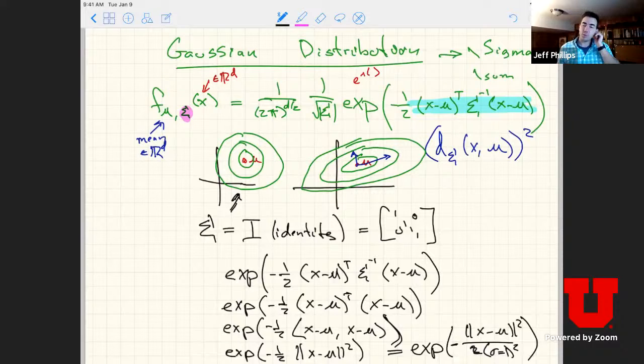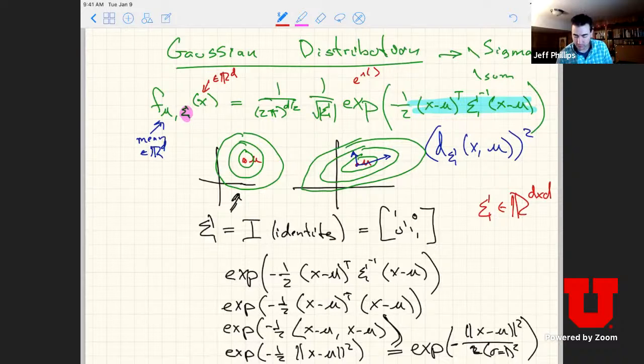Now, what this sigma matrix is doing: I should say that sigma is going to be a d by d matrix here. What this is doing is telling me the skew that I'm putting on, how I'm stretching this Gaussian. This is the covariance. It tells me how two of the coordinates vary with each other.